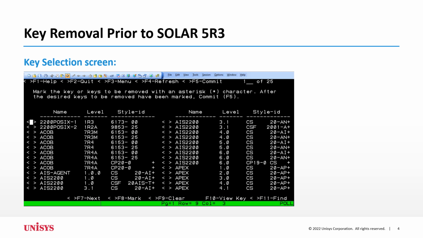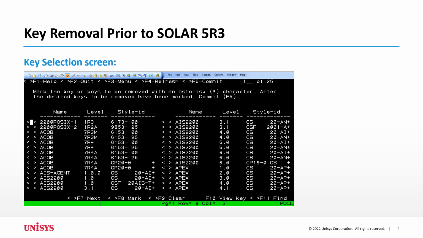Keys could then be marked for removal, stepping through the screen set as necessary. The F8 and F9 function keys could also be used to select or unselect all keys currently displayed on the screen. However, as you can see, the entire style ID for a key is not displayed when it exceeds 12 characters, not counting leading spaces, as indicated by the plus signs.